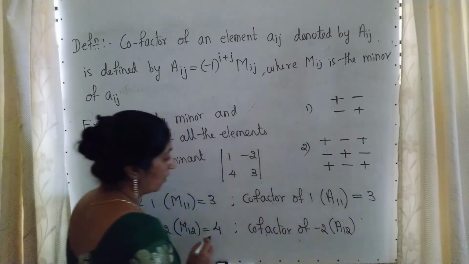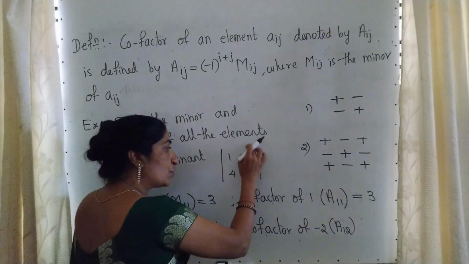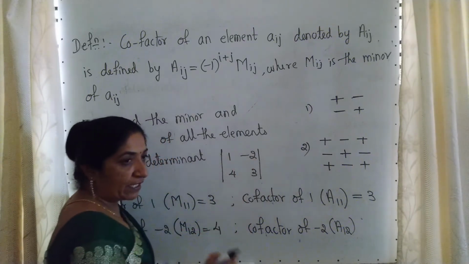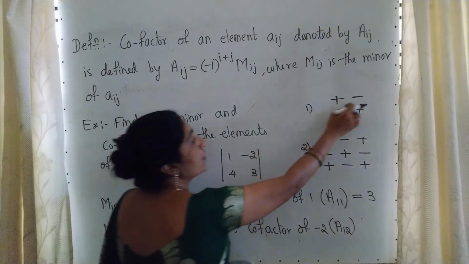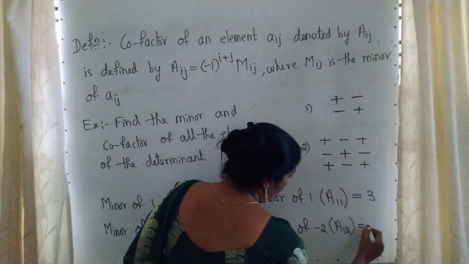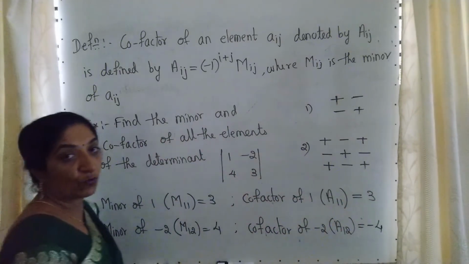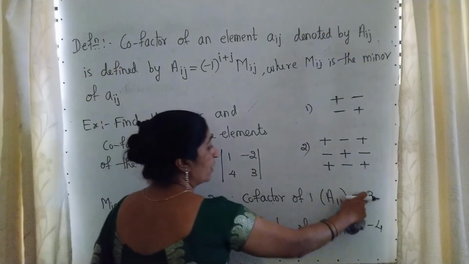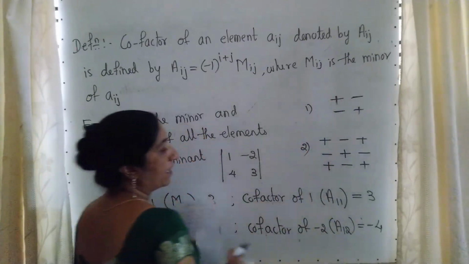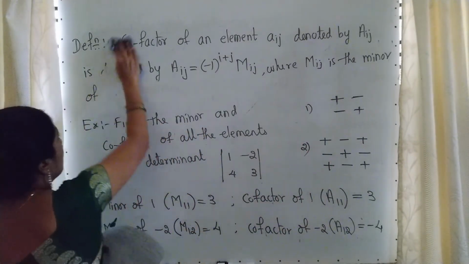It lies in first row, second column. You are not writing that. The remaining element is 4. But in place of -2, which sign do we have? Minus. So the answer is -4. Understood? For this answer, we just have to refer to the sign from this table and write down the values. Moving to the remaining two.